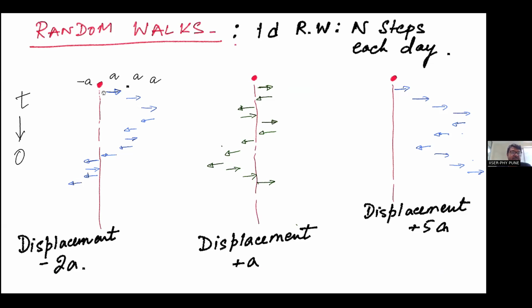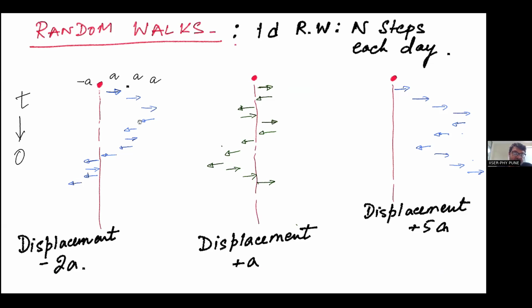Now, each of his steps is exactly of length a. That's a simplifying assumption. So he is either moving a step a to the right, or a step to the left, in which case he has a net displacement of minus a. So in this random walk, and this axis is time, on day one, suppose he starts out and moves to the right, step a, so he has a displacement of 2a, then a displacement of 3a.